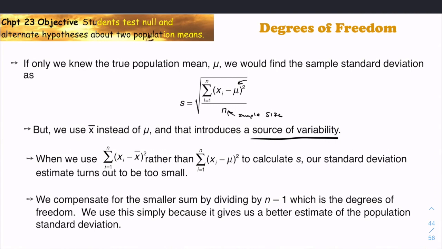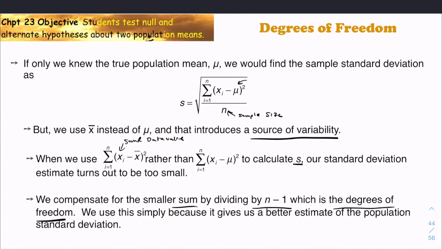When we use xi, just some data value, minus x bar squared, rather than some data value minus our population mean squared, our standard deviation estimate turns out to be too small. So what we do to compensate for the smaller sum is, instead of dividing by n, divide by n minus 1, which it turns out is the degrees of freedom.